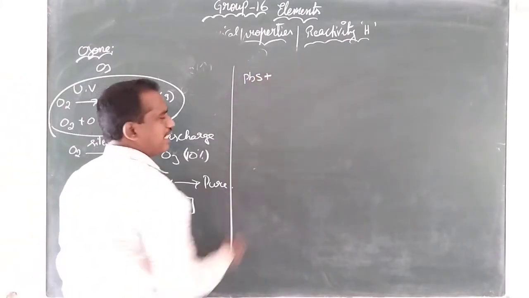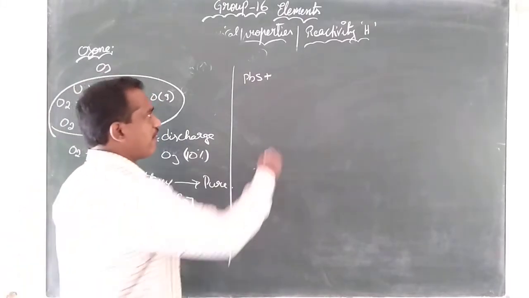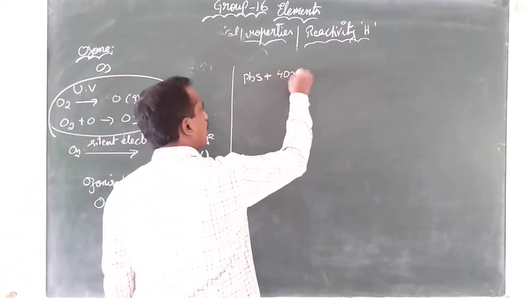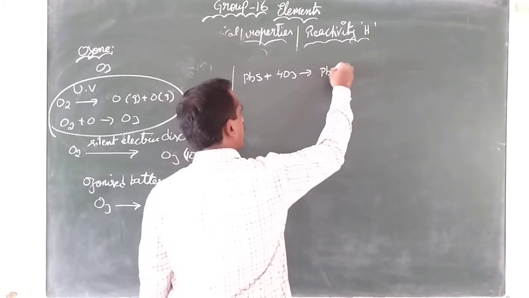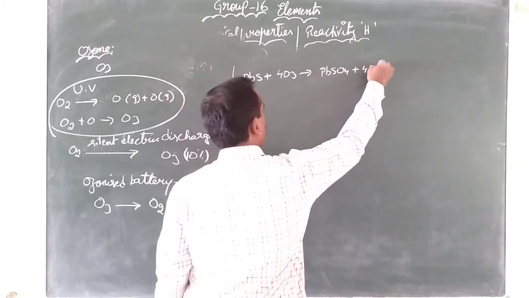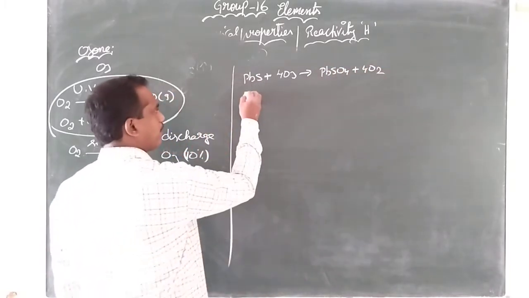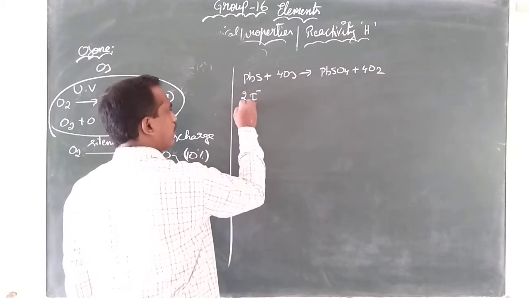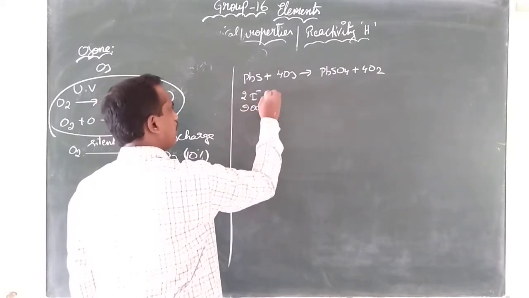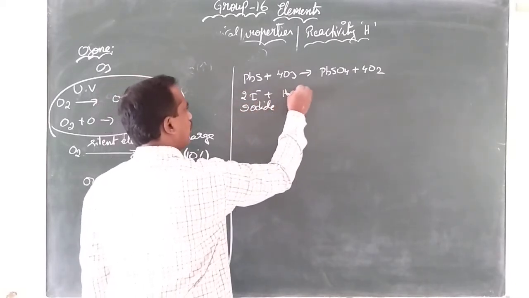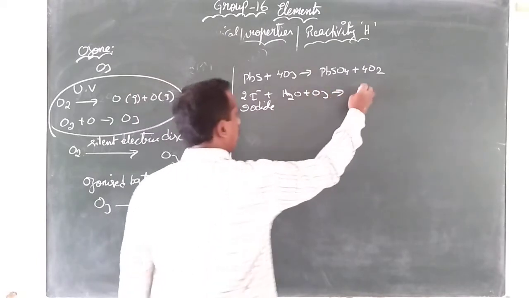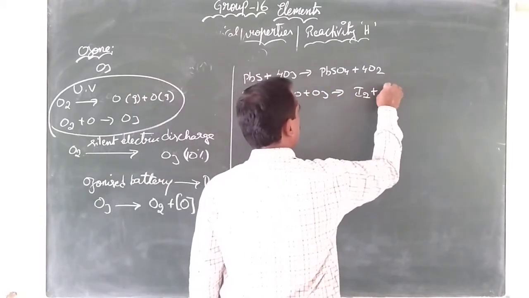So this nascent oxygen makes other substances readily undergo oxidation. If you take lead sulfide, the ozone oxidizes the lead sulfide to lead sulfate. It oxidizes iodide in the presence of water to give iodine.